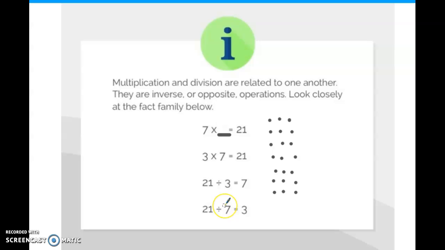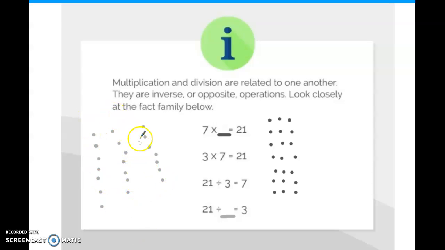If you wanted to use an array for division, so let's say the problem was asking you 21 divided by something equals 3. Well, I could do groups of 3. 1, 2, 3, 4, 5, 6, 7, 8, 9, 10, 11, 12, 13, 14, 15, 16, 17, 18, 19, 20, 21.